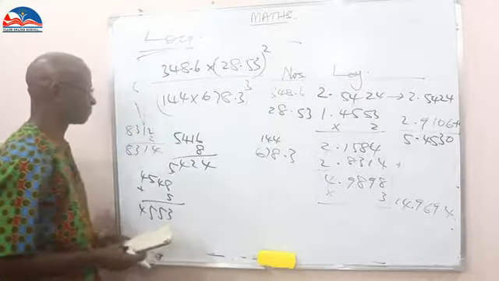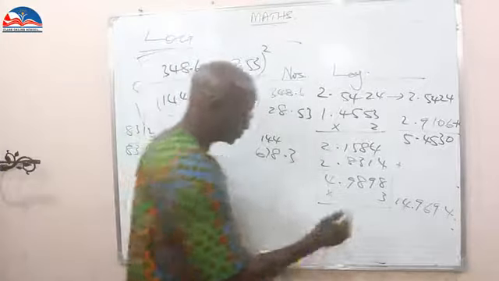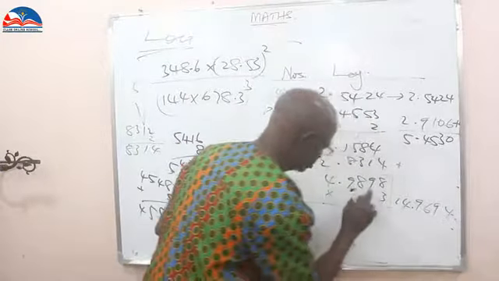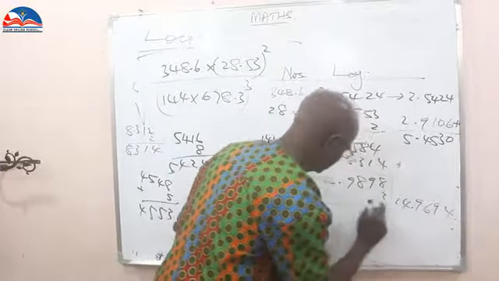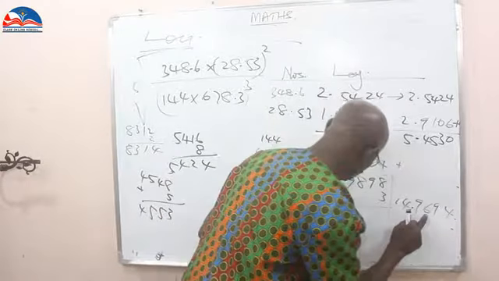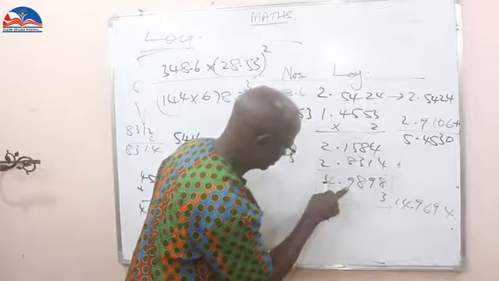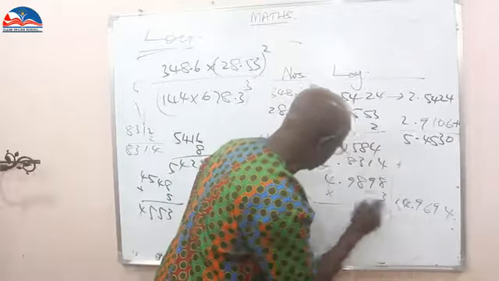Let's take it again. 24 carry 2. 27 plus 2, 29 carry 2. 24 plus 2, 26 carry 2. 29 plus 27 plus 29, carry 2.